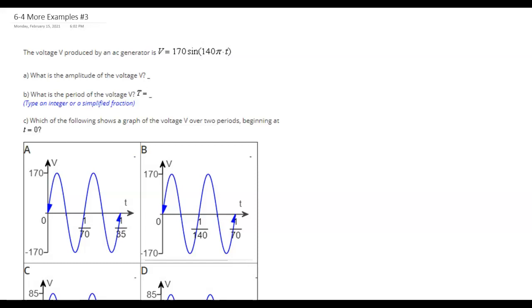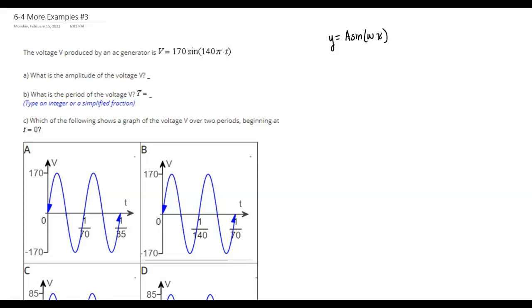All right, so let's take a look at this example. It says the voltage V produced by an AC generator is V equals 170 sine 140 pi t. We know that the general form is Y equals A sine omega x.